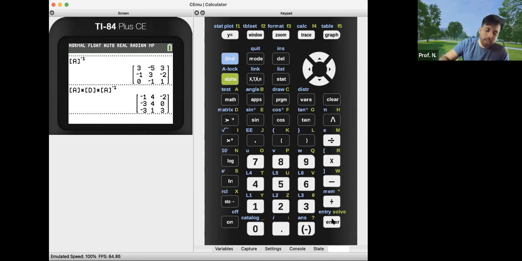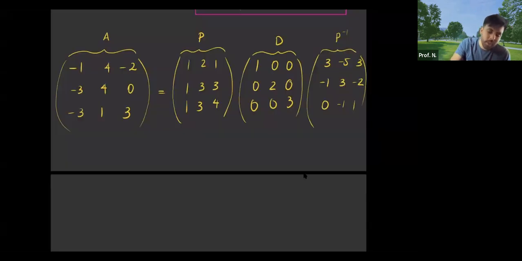Okay, so this is a way of, in a sense, decomposing a matrix A as a product of these matrices. But if you want to view it from the version of diagonalizing a matrix, let me just go back. So this version here, A equals P times D times P inverse, is like a decomposition.